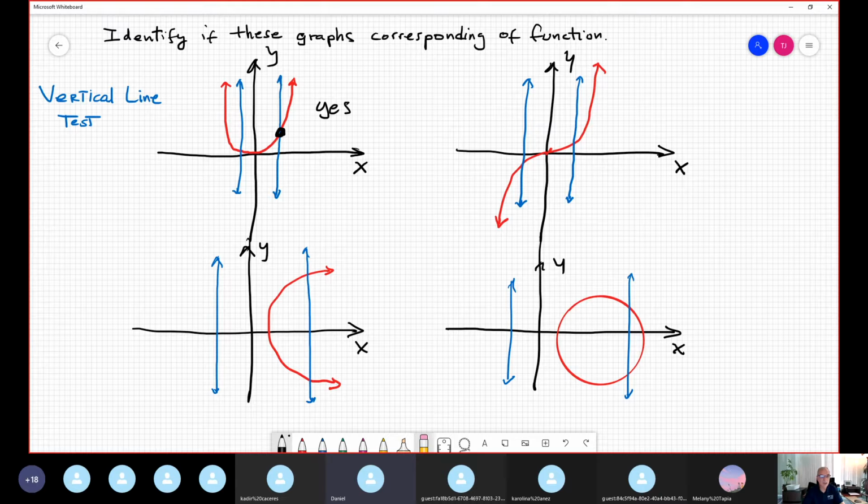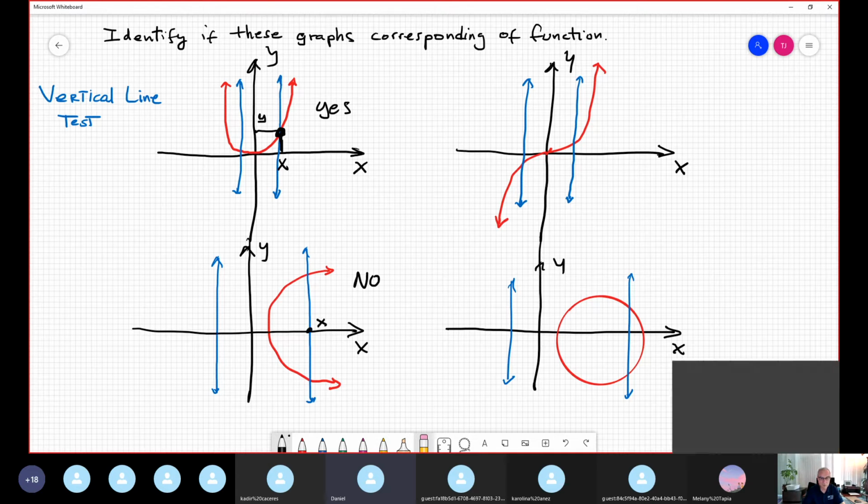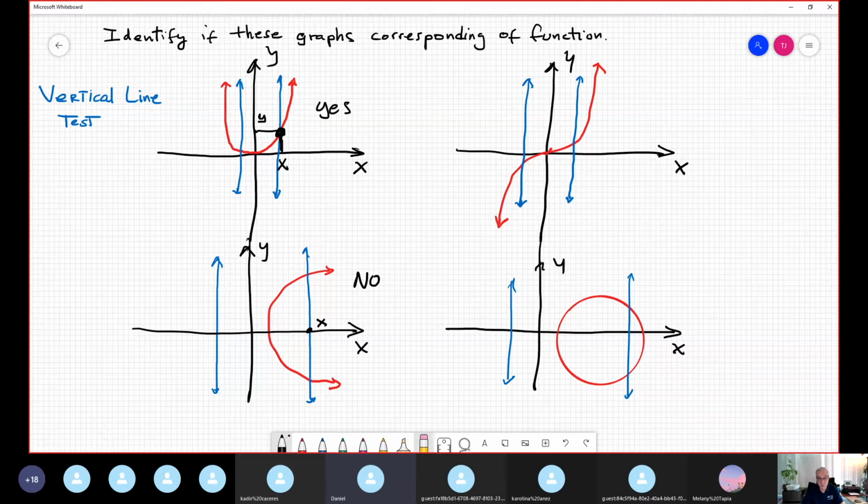Yes. Why? Because one x corresponds to only one y. However, in this case, no. Why no? Because for this x, the vertical line touches two points, so it's not a function. Two or three, more than one. So if it's only one, yes.